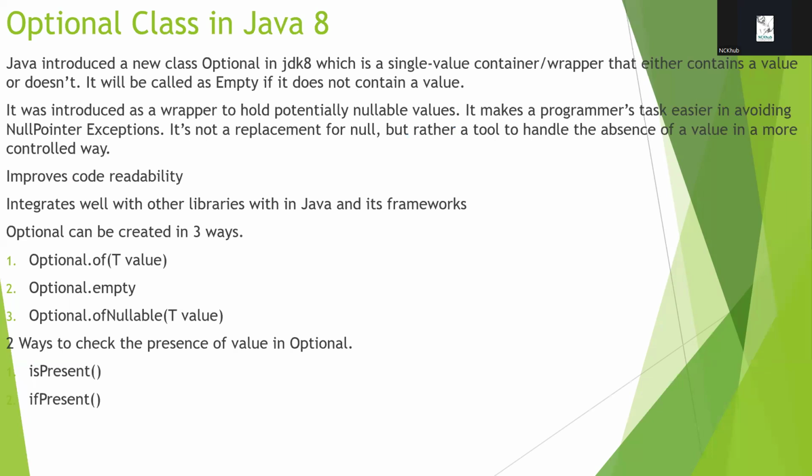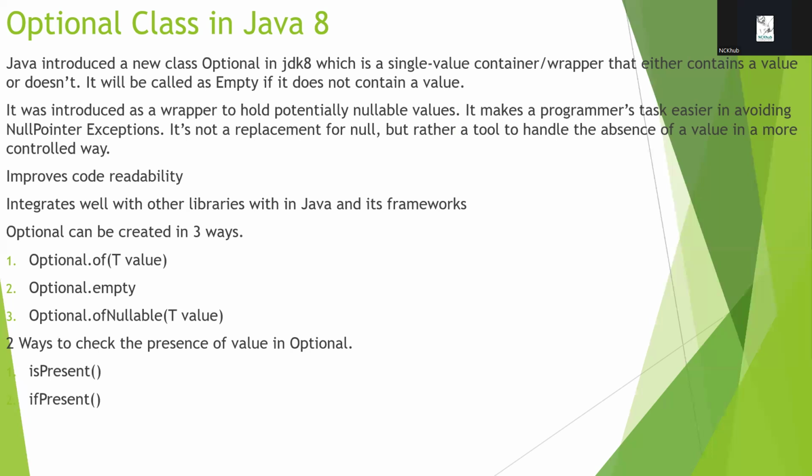So basically, what are the types of values that these classes will be holding? Potentially nullable values. This was basically introduced to make programmers' lives easier in handling null pointer exceptions in an effective and very controlled way.